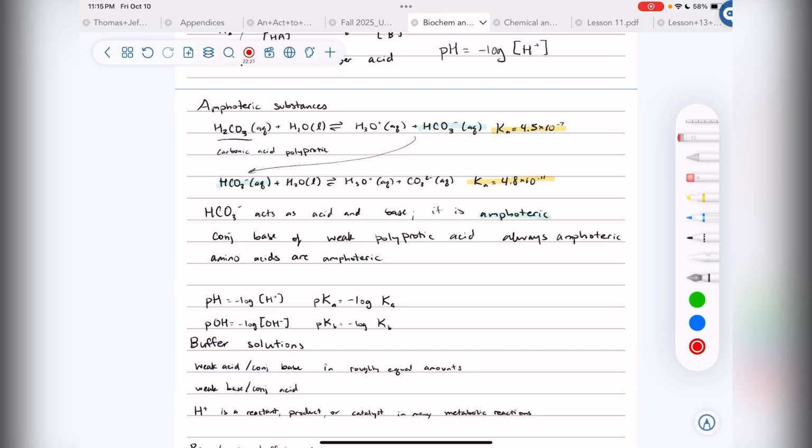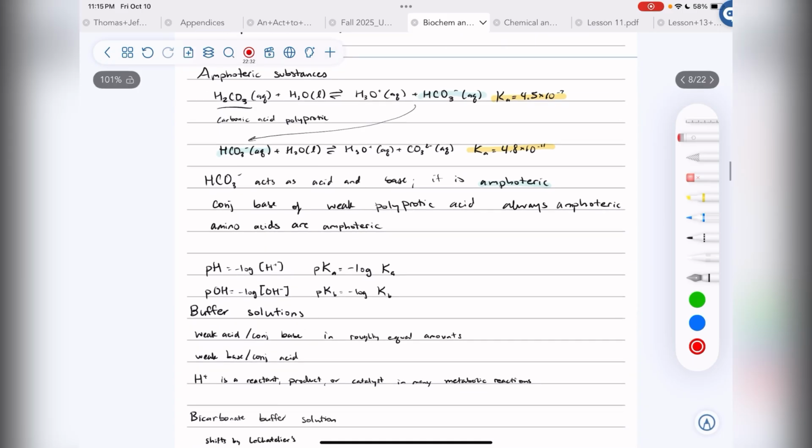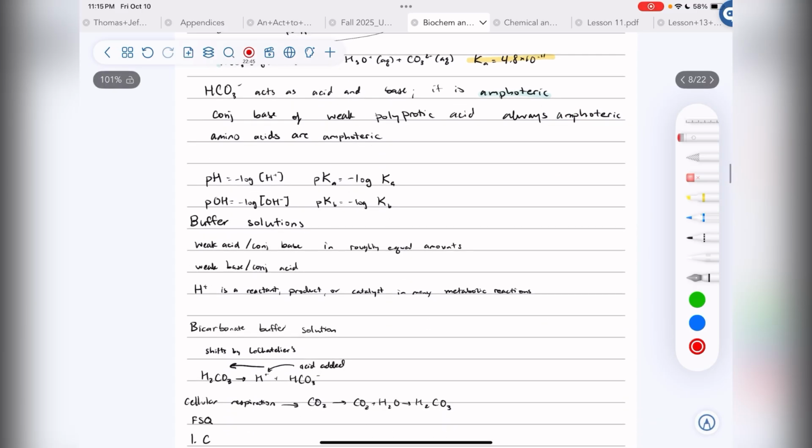So you're not going to have a conjugate base that still has a proton attached, because that proton is already going to be ionized into solution, like dissolved. So that's why. And also all amino acids are amphoteric, and I think that's because of the amine groups and then the carboxylic acid groups.